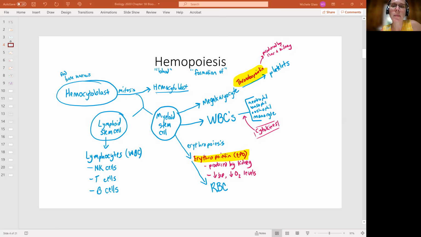Remember back when we talked about hemopoiesis and the white blood cell production coming from those myeloid stem cells. And we mentioned at that point the cytokine as an important chemical that will help to trigger that differentiation into the neutrophil, the basophil, eosinophil, and the macrophage.